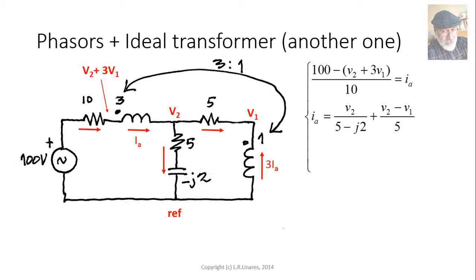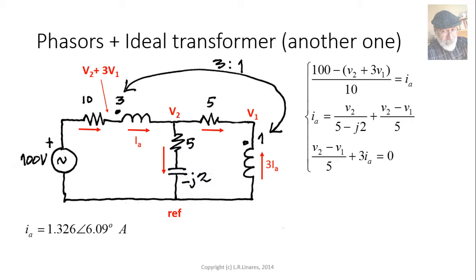And this other one, the one in the center, I sub A, that is equal to V2 divided by this impedance in the middle, 5 negative j2, plus the current on the right, (V2 minus V1) over 5. Fine. And then one more equation for the node V1. (V2 minus V1) over 5 plus 3 times IA, that is drawn entering to, that is equal to 0.